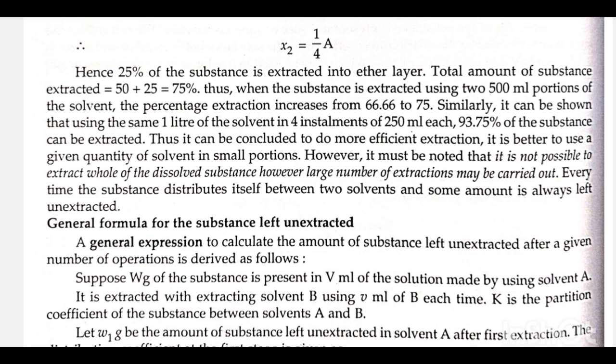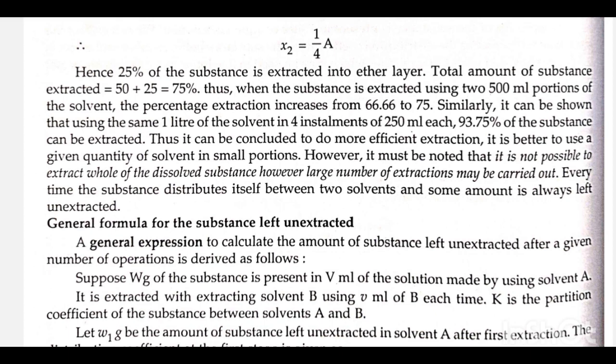Thus, when the substance is extracted using 500 ml portions of the solvent, the percentage extraction increases from 66.66 to 75. Similarly, it can be shown that using the same 1 liter of the solvent in 4 installments of 250 ml each, 93.75% of the substance can be extracted.